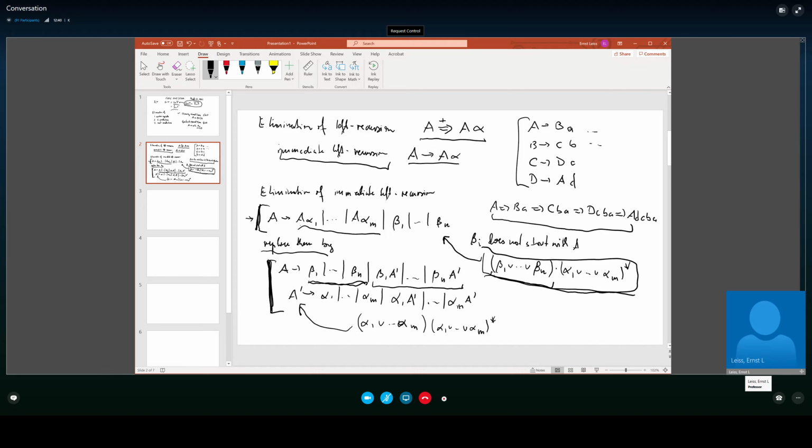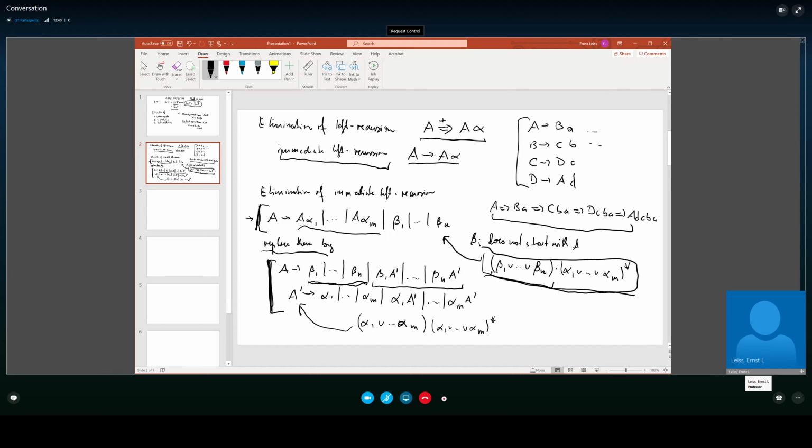Because by definition, the betas do not start with A, and the A prime obviously aren't present in the alphas, so they can't be in the alphas.